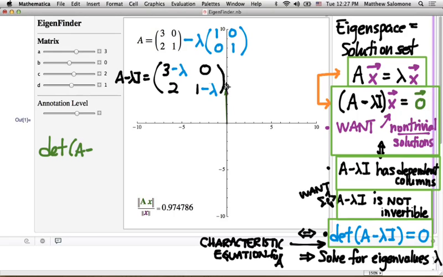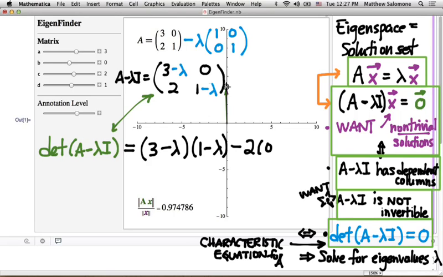Now, what do I get when I take the determinant of this A minus lambda I? Since we have a 2 by 2 matrix, this determinant is not particularly onerous. You multiply 3 minus lambda and 1 minus lambda, minus 2 times 0.